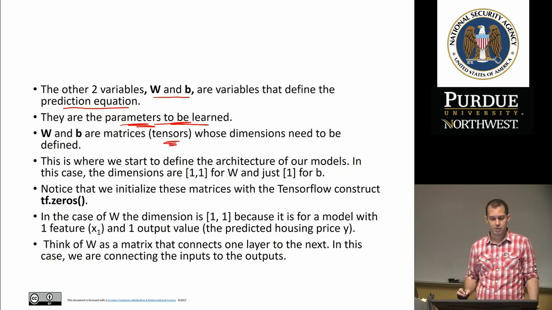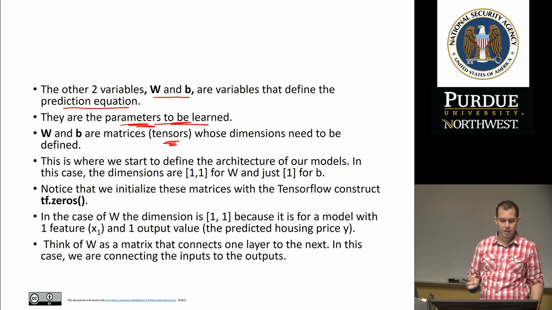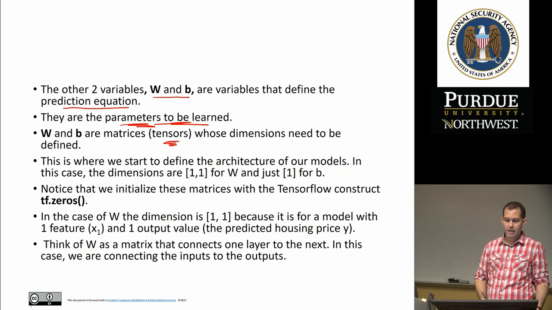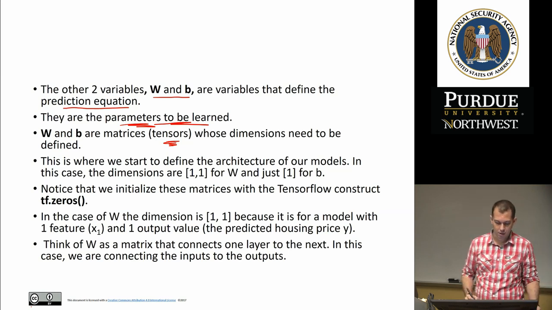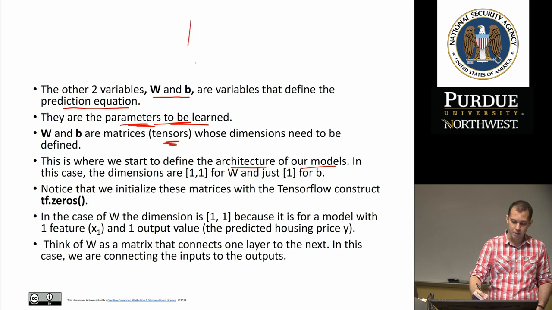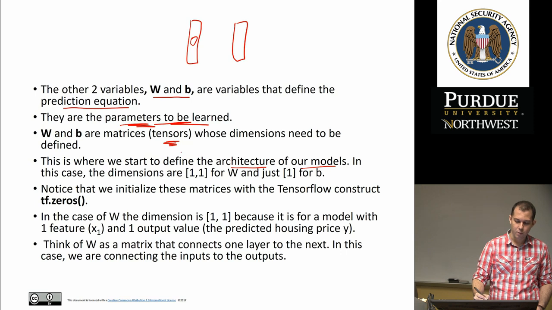Remember, that's why TensorFlow is called TensorFlow, because these elements are always matrices. So W and B are matrices whose dimensions need to be defined. That's part of the architecture of doing this. This is where we start to define the architecture of our models. In this case, the dimensions are 1 and 1 for W, because remember that our model is given a square footage, that's one node, and we predict the housing price.